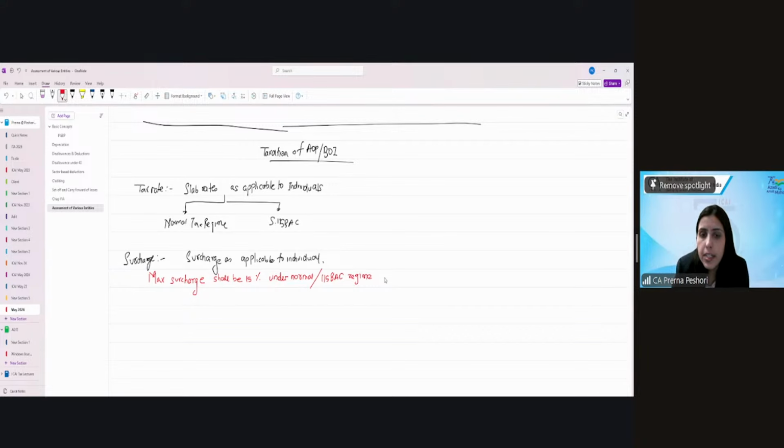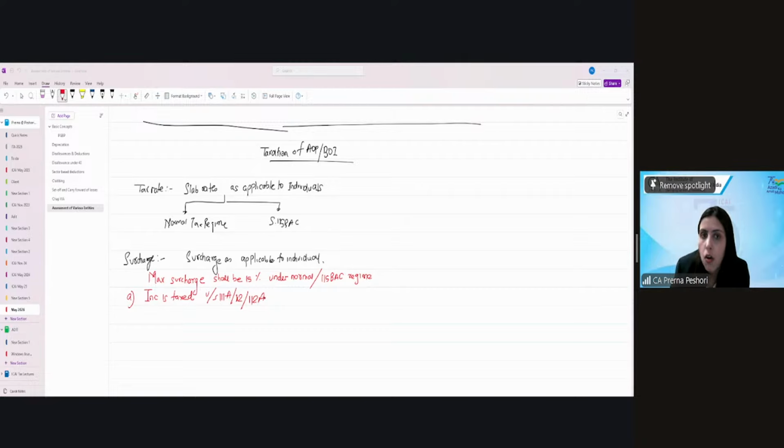Under what circumstances will this be there? If income is taxed under capital gain, or only companies are members in the AOP or BOI. So the tax payable is at a special rate: income is taxed as capital gain under 111A, 112 or 112A, long term or short term capital gain.